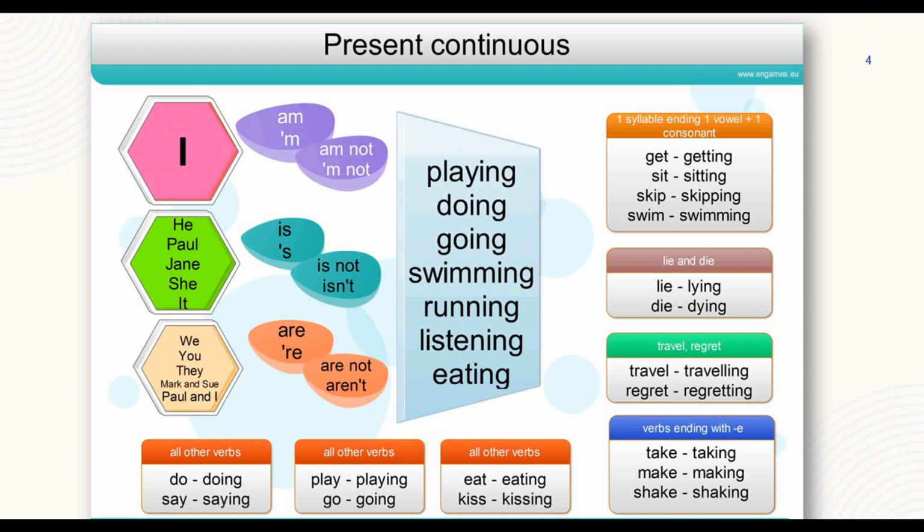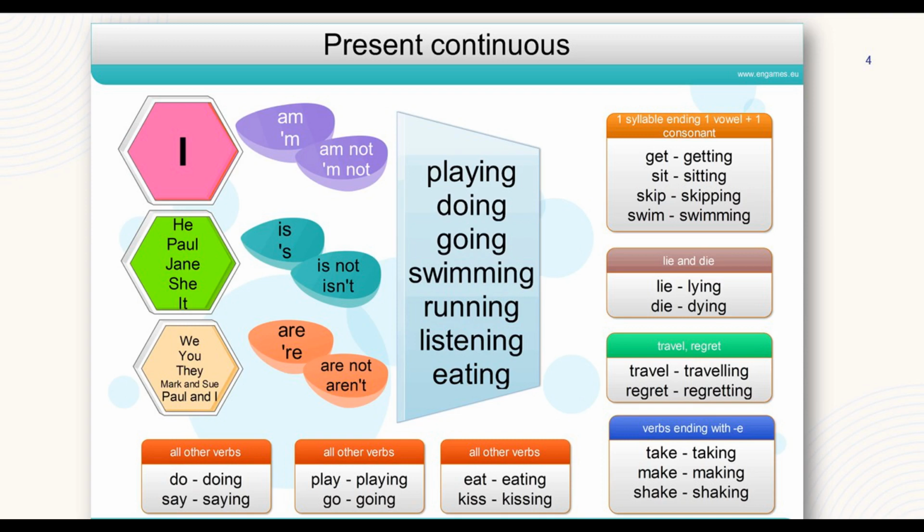I am playing. I am doing. I'm going. I'm swimming. I am not running. I am not listening. I'm not eating.